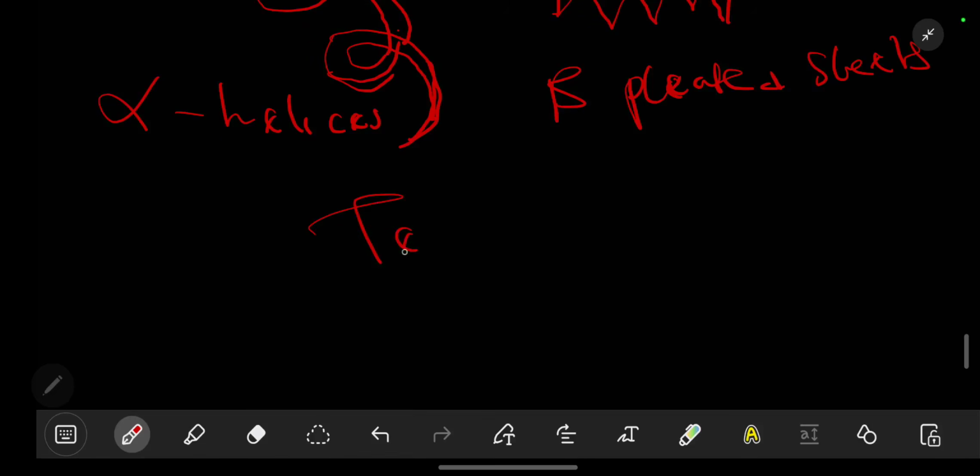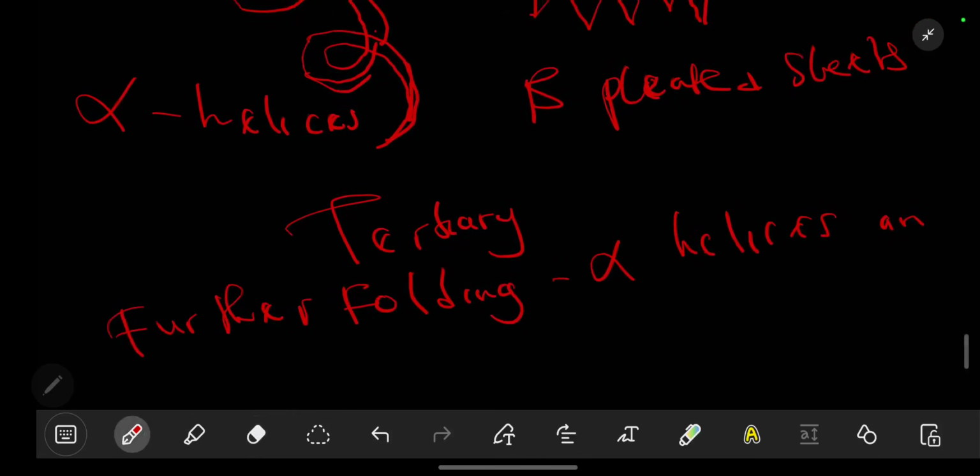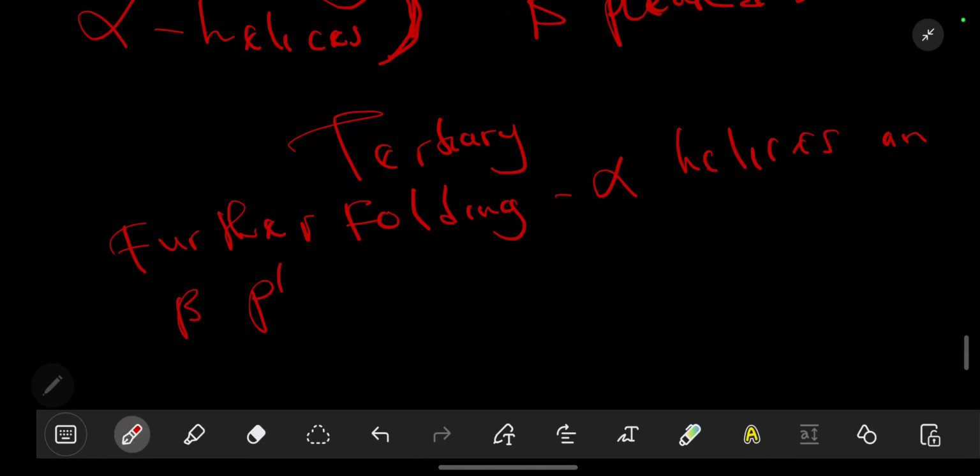Then for the tertiary structure, we might have further folding, and it is made up of the alpha helices and also what we call the beta-pleated sheets.